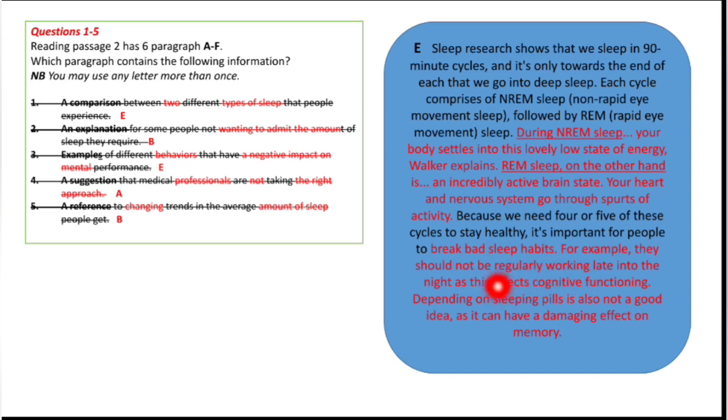Depending on sleeping pills is also not a good idea, as it can have a damaging effect on memory, right? So it affects our memory negatively, right? So here they're just giving us examples of different behaviors that have a negative impact on mental performance, okay? That's why these are going to be the answers. Well done if this is understandable.